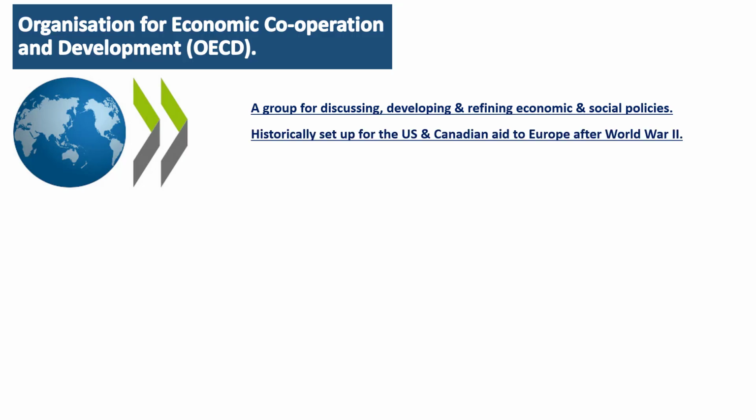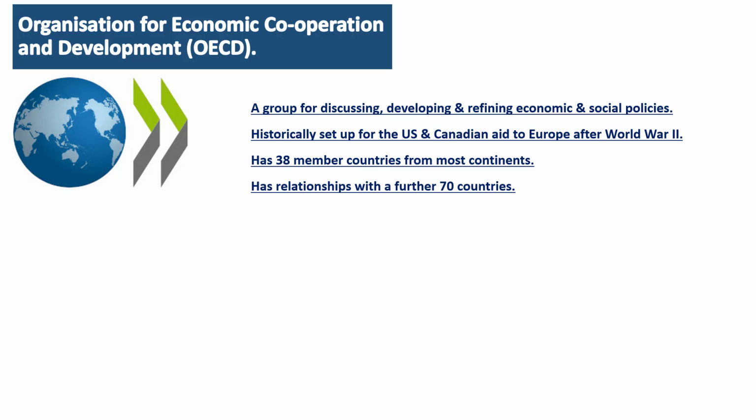It was historically set up to be an organization that will administer the US and Canada's assistance to Europe after World War II. The membership of the OECD is 38 countries from most continents. Apart from this, it has relationships with another 70 countries. They are not members, but they have some sort of agreement with the OECD.